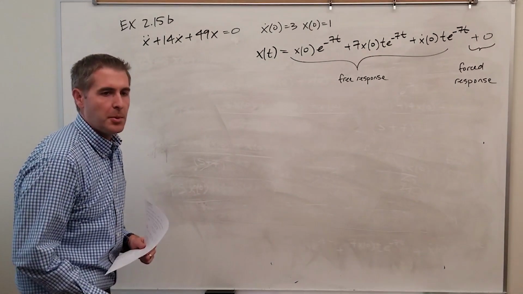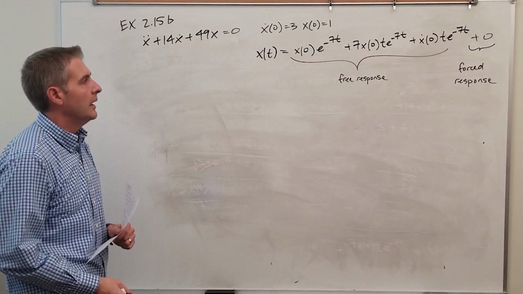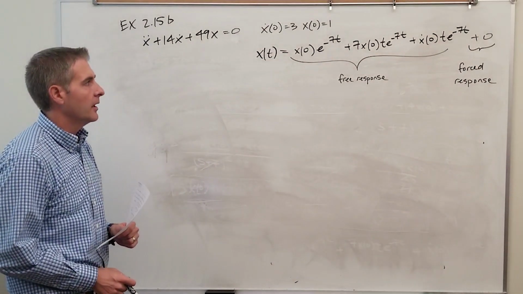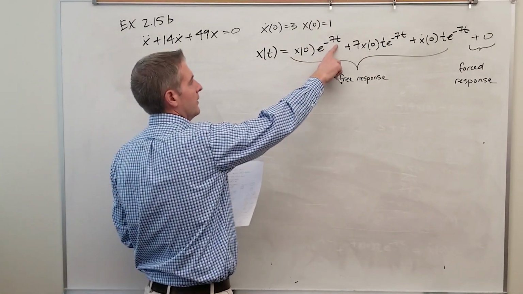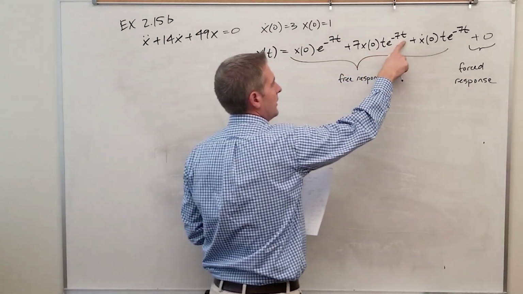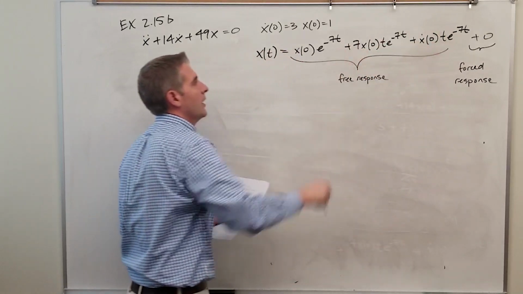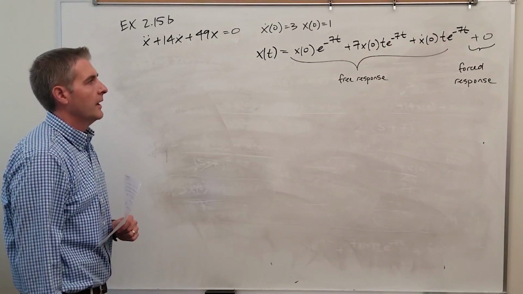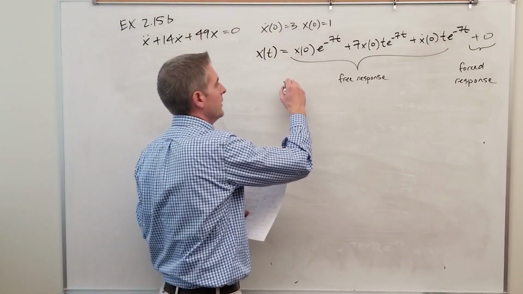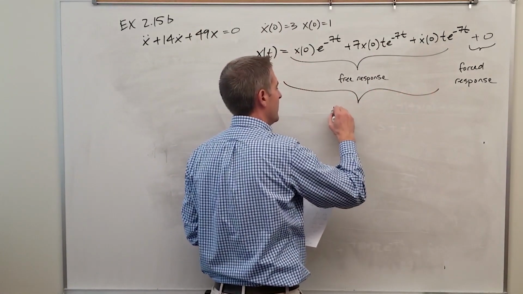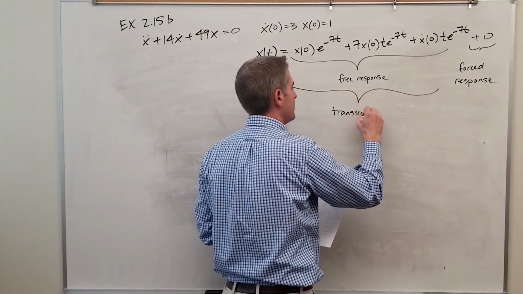There is no forced response in this particular equation. Well, what about steady state? We take a look at t going to infinity. So all of these values right here will be the transient response.